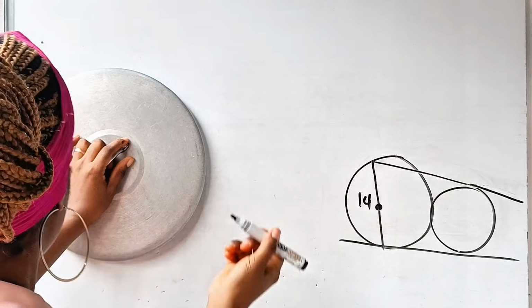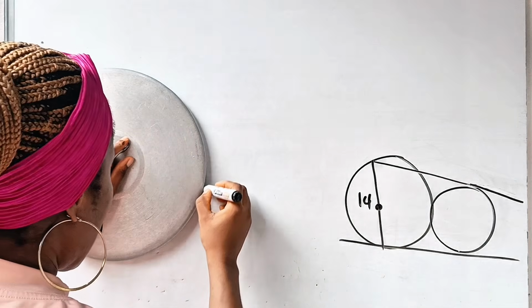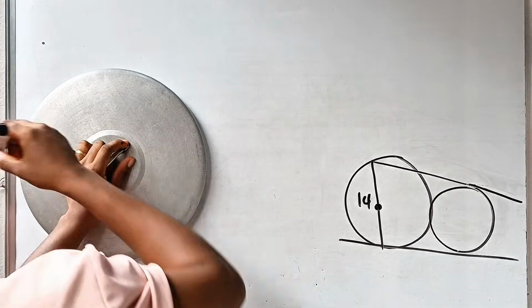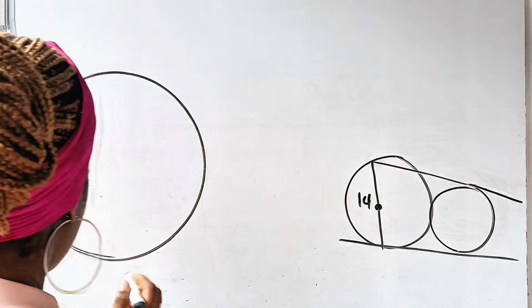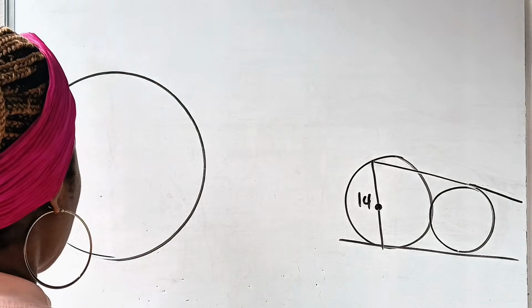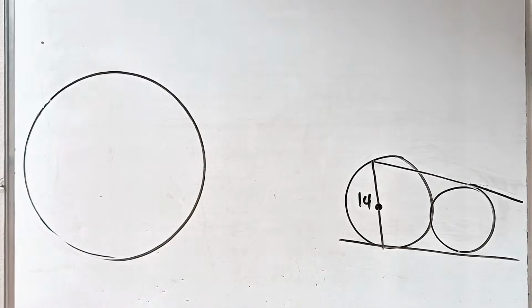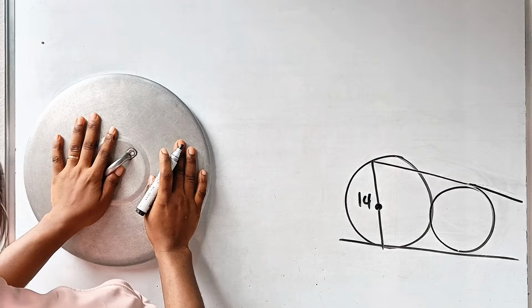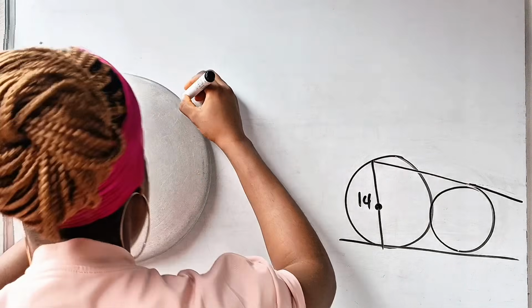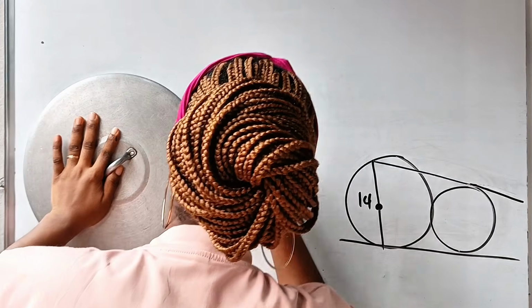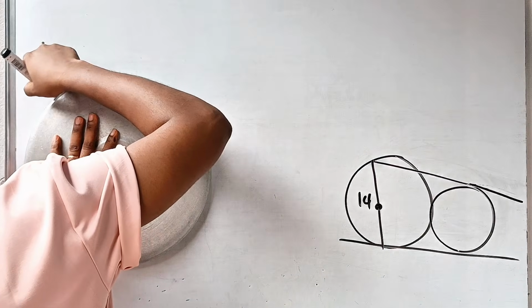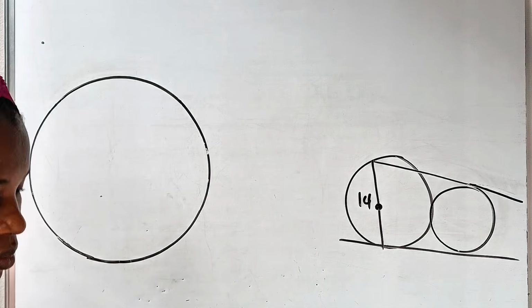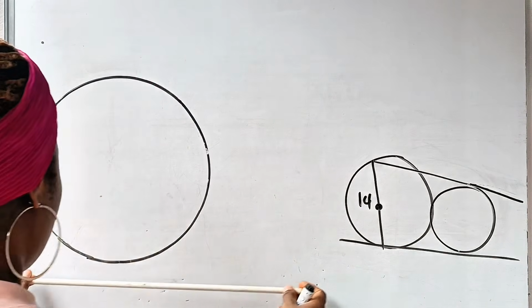Draw the first circle. Okay, then the smaller one, draw a straight line first.